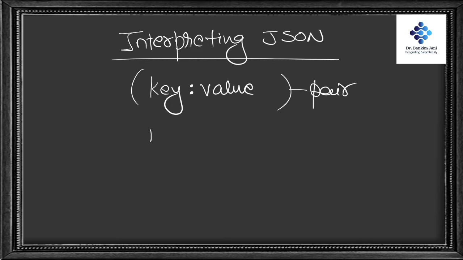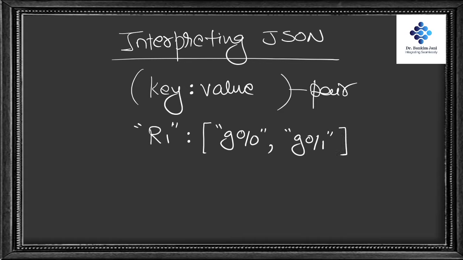For example, we say R1, that is like our router's name, and then we say colon, and with this we want to associate say gig 0/0, and as we want to associate more values, we'll say gig 0/1, and we close it. So in this case, this is our key and this entire thing is our value. So far so good.